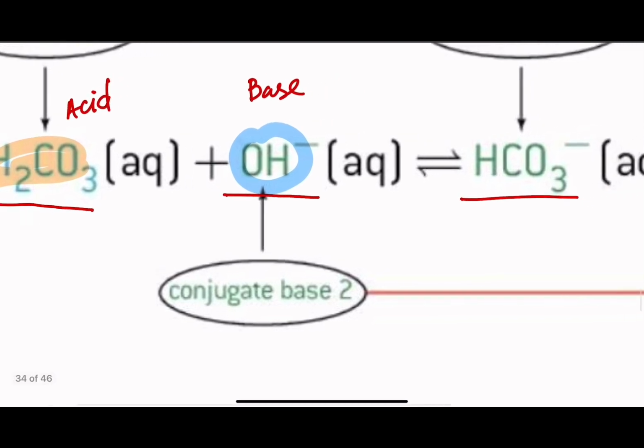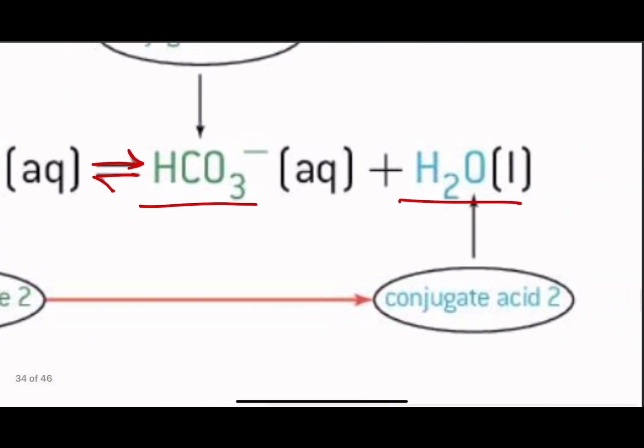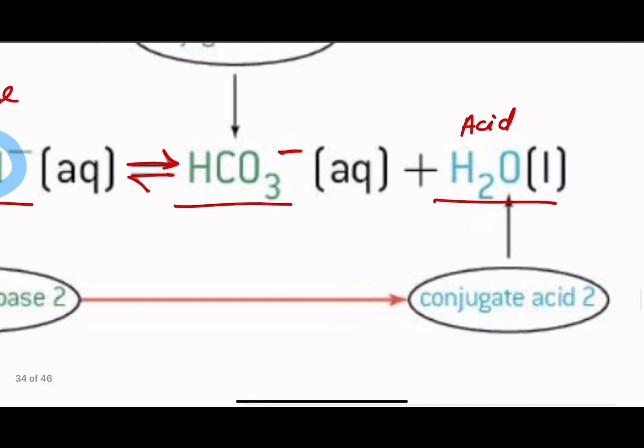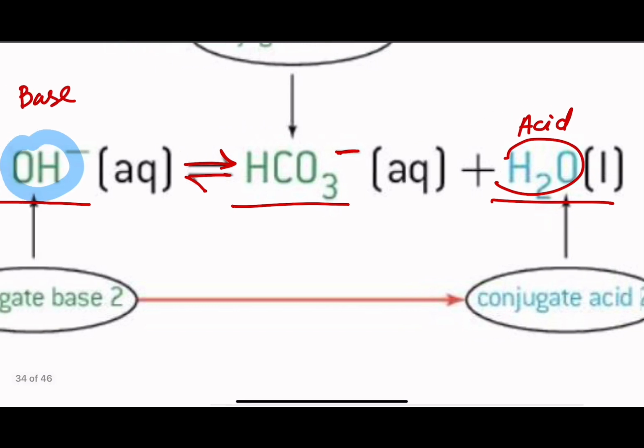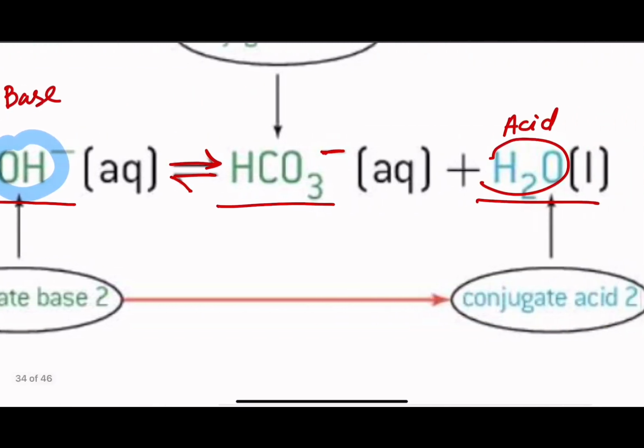Well, if I go back to this reaction, you see it's going backwards and forward, meaning that the reaction can go backwards and forward. Now, when I look back into this side, I see that in this case, water is giving the hydrogen because HCO3- is taking the hydrogen from water and getting back into this shape, right? So that's why this is acting like an acid and this is acting like a base.